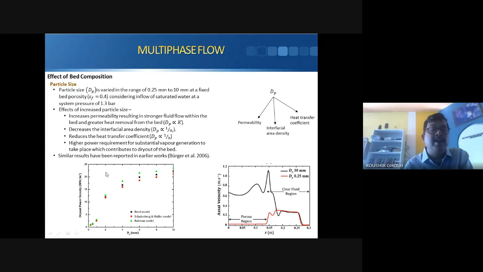So all these effects mean an increase in particle diameter increases the dry out power.